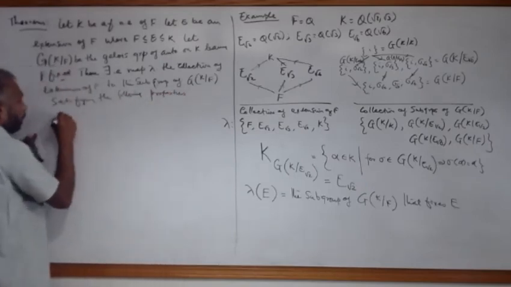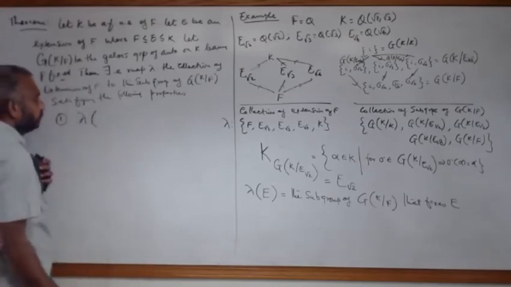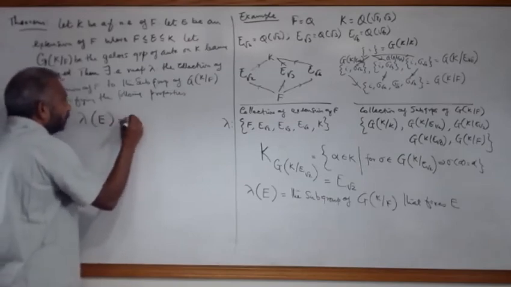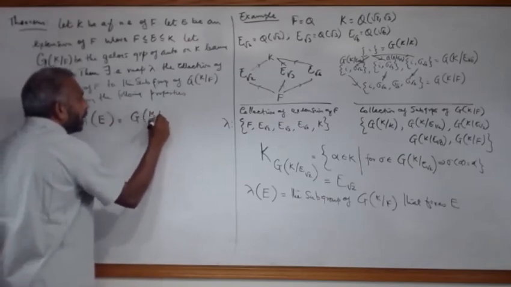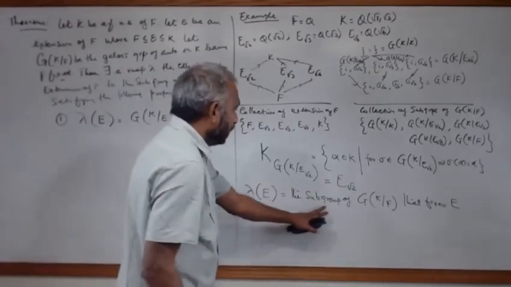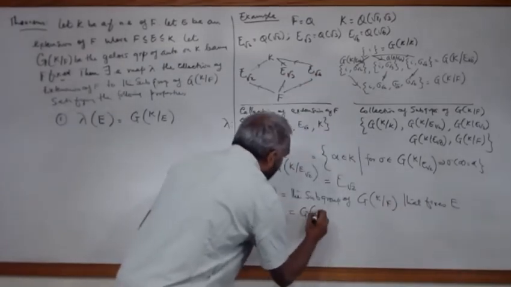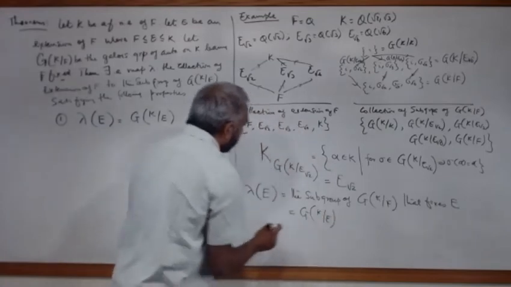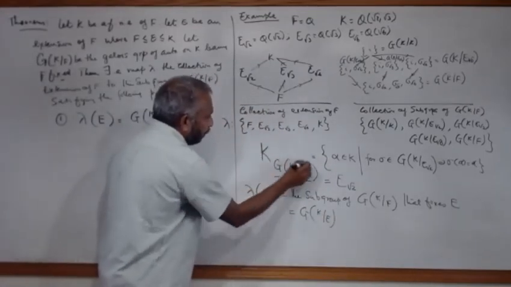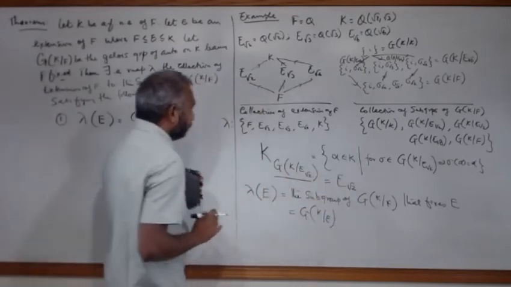And the first property I am going to write is lambda of E is equal to G of K over E. That is this. See, this is actually the group which fixes E root 2.